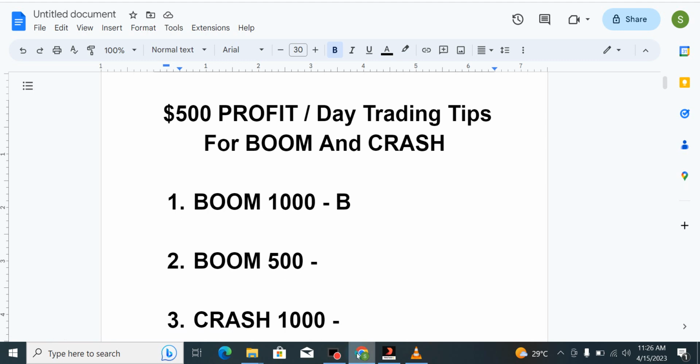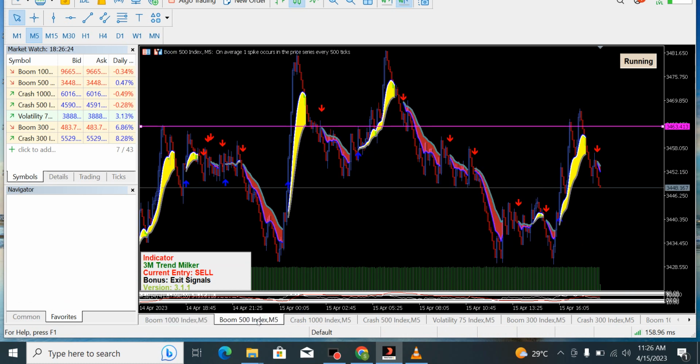The next asset is going to be boom 500. Let's check it out right away. Okay guys, this is boom 500, just the way we have seen it. Remember, I'm on 5-minute time frame, and just the way we have seen it, this actually sold till it got to this support zone, went back up, played around there for a while, tried the support zone again. It was unable to break out below it.